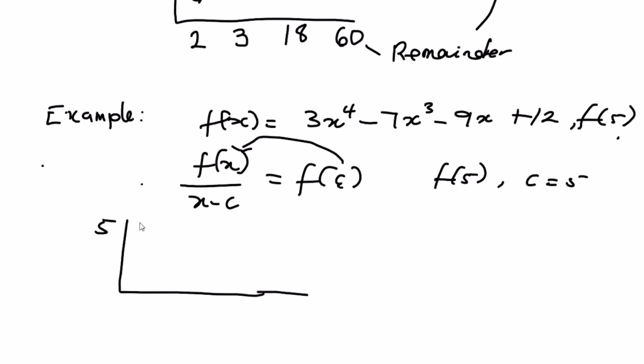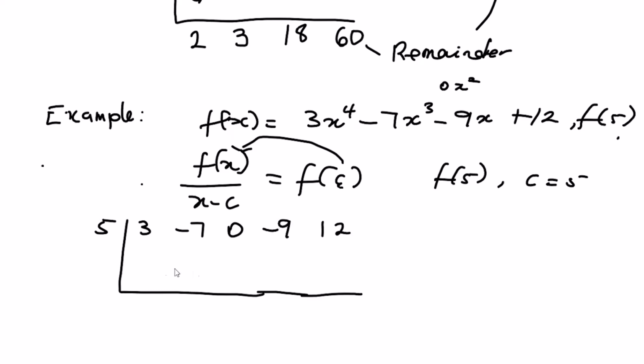So we are going to get 3, negative 7, negative. Okay, so 3. Before that, we are supposed to get something like 0x squared before the x. So we have what? 0 here. Then before negative 9. Then we have 12.